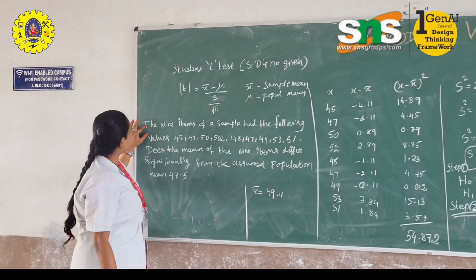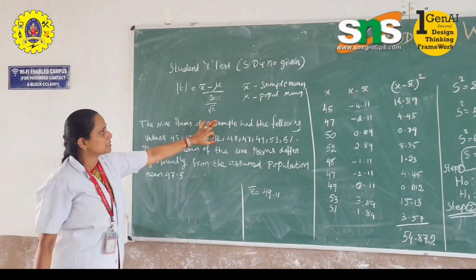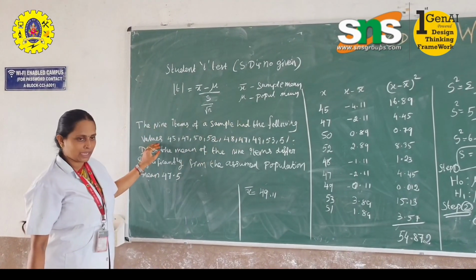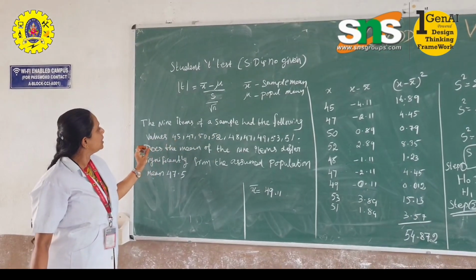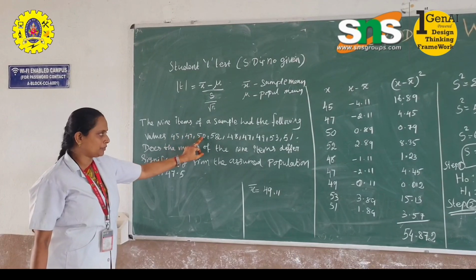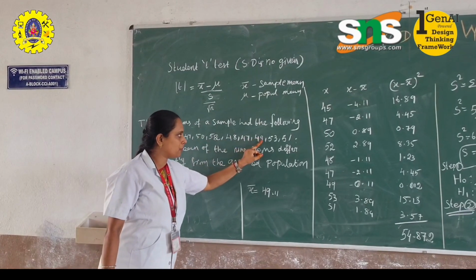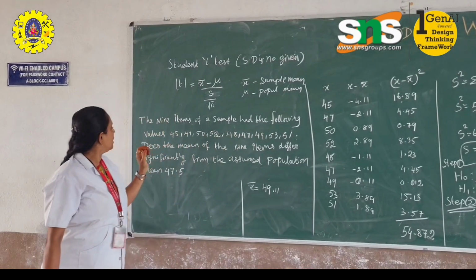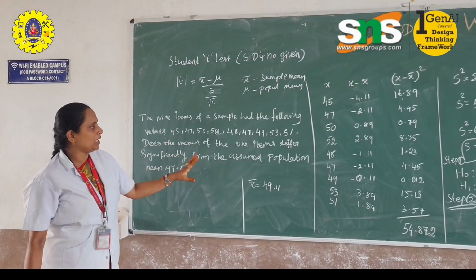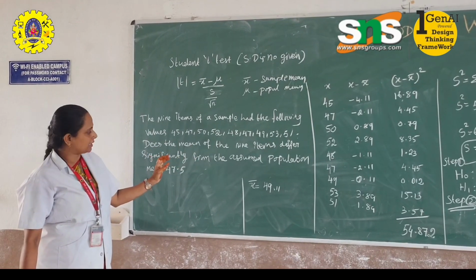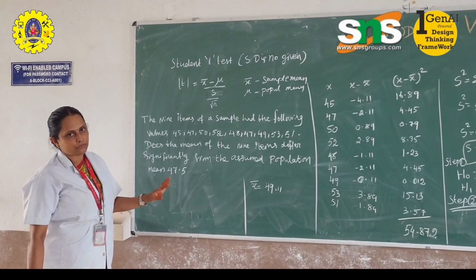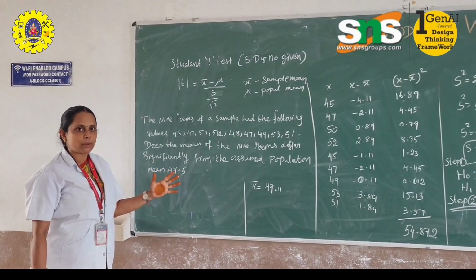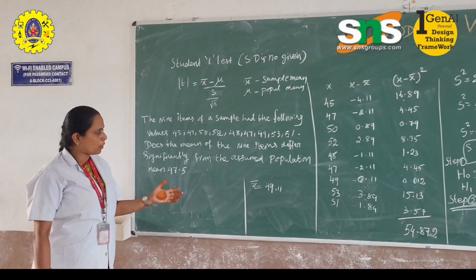The 9 items of a sample are given as the following values: 45, 47, 50, 52, 48, 47, 49, 50, 51. Test whether the mean of the 9 items differs significantly from the assumed population mean of 47.5, that is, whether the assumed population mean 47.5 is true or false.